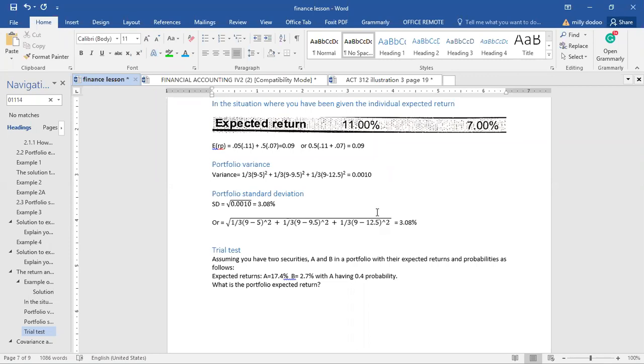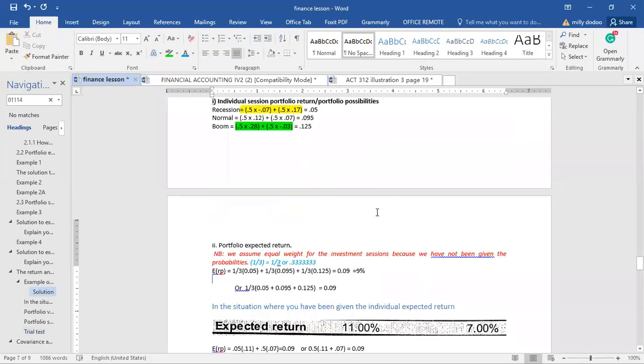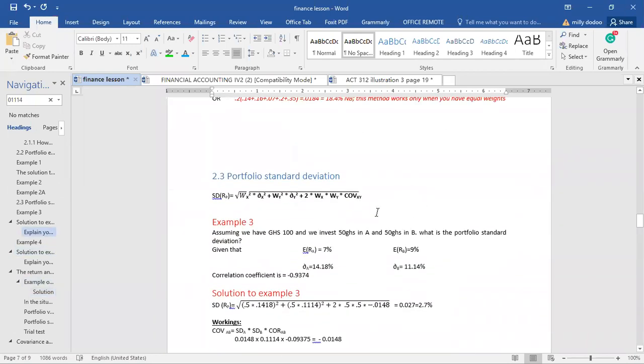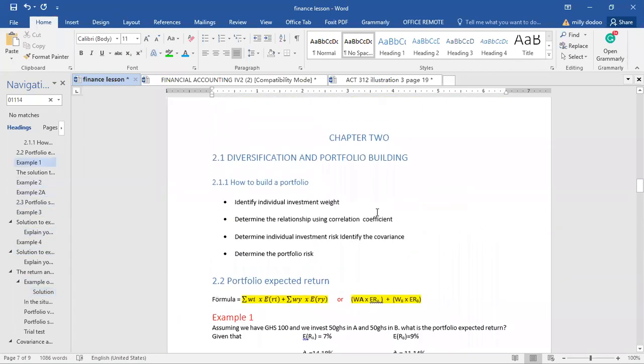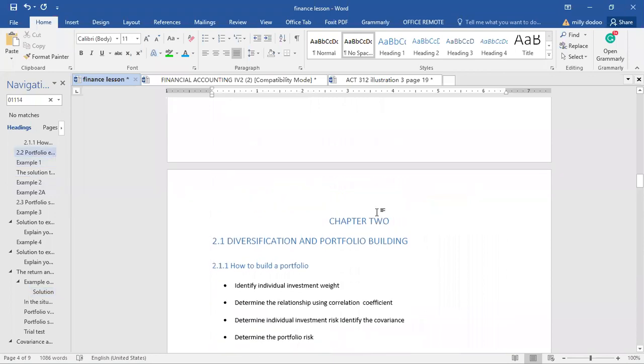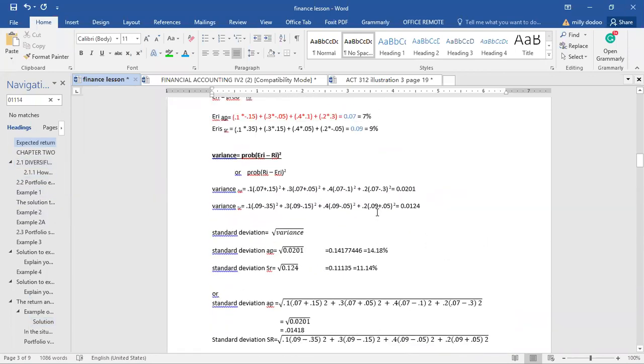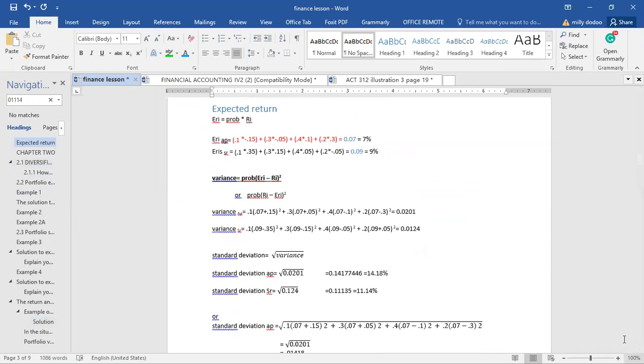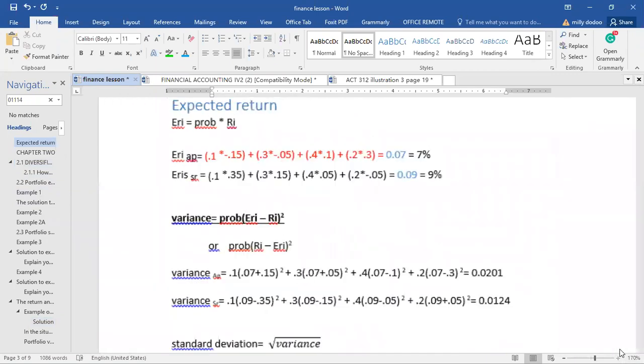What we are doing here is portfolio, but you need the information from the standalone investment before you can build your portfolio. Now, let me go back a little so that you appreciate what I'm about to explain. We said to find the variance here, I gave you the formula here.